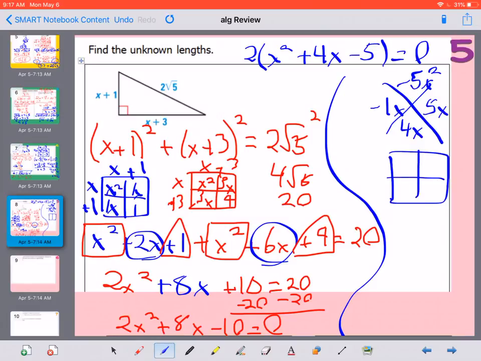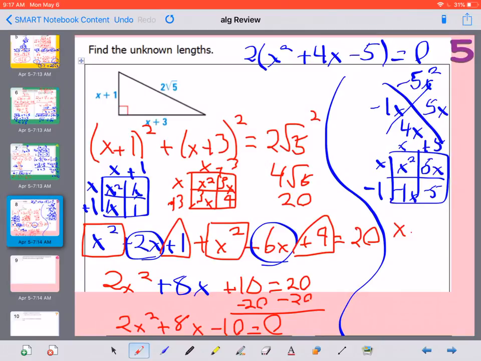If I factor this, I'll have x squared, negative 5, 5x, and negative 1x. X and x, this has to be a 5. This has to be a negative 1.